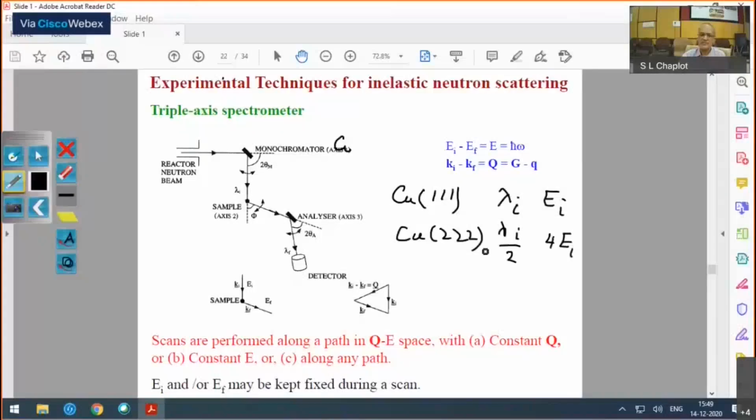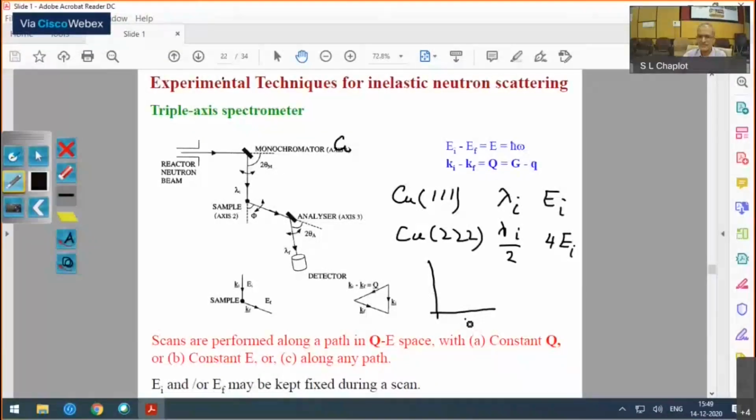These are called higher order reflections from the same monochromator, and therefore when I'm doing the experiment, I have to be conscious about the fact that the neutrons which are incident on the sample are not only lambda i, but also lambda i by 2. Now, this situation may be helped because the neutron spectrum in the reactor is a Maxwellian spectrum.